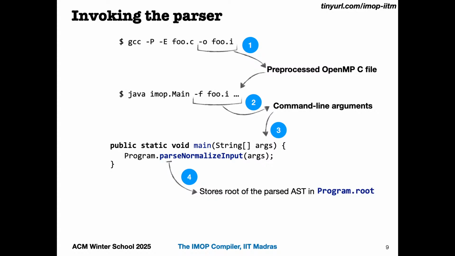How did I get this .i file? Let us say I have a C code which is in .c. To a .c file, when you invoke it with minus capital E, do you know what it does? Anyone? How many of you know what are C macros? Hash defines?